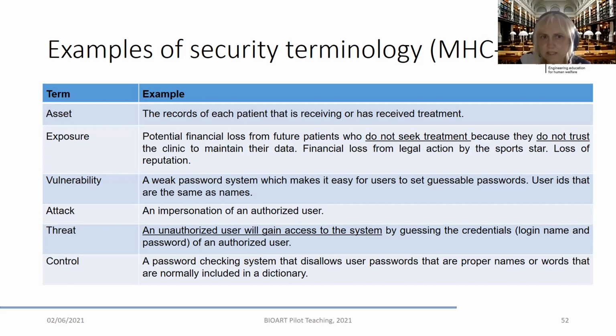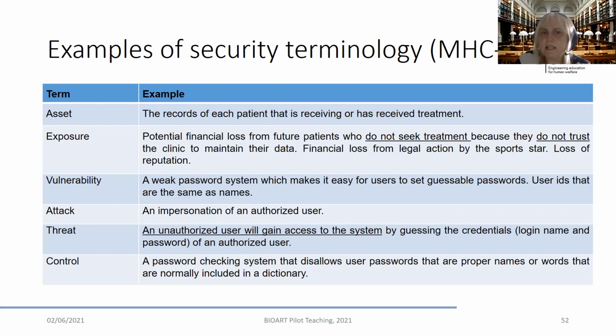An example of an asset in this case is the record of a patient who has received treatment. Exposure is a potential financial loss from future patients who do not seek treatment because they do not trust the clinic to maintain their data.